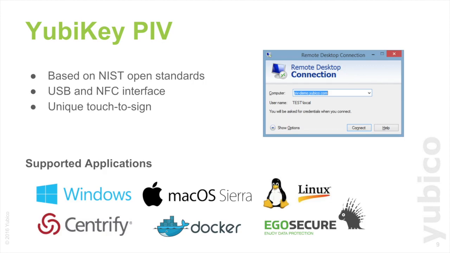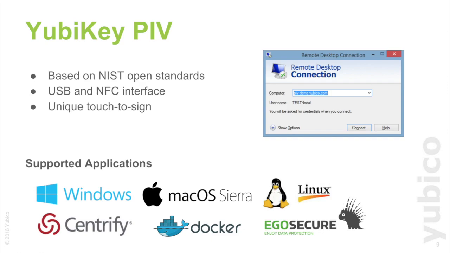The YubiKey's PIV function, or personal identity verification, is based on federal NIST open standards. This means that it's supported natively by any solution which integrates these open standards, including Windows, Mac OS X Sierra, and open source projects available to Linux and other distributions. The PIV function of the YubiKey supports open source tools as well as PKCS11 or OpenSC.